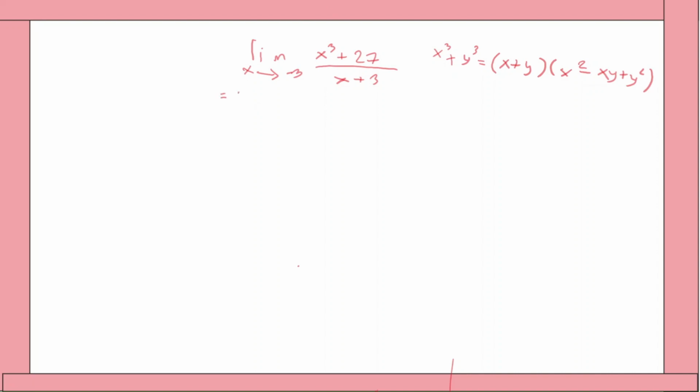So let's rewrite the limit and try this. How would we factor it? Well, we know that the cube root of x cubed is x, and the cube root of 27 is 3. So it'll be x plus 3, and then x squared, minus 3x, because we're dealing with the x and the y multiplying by each other, and then also plus 9, our 3 squared.